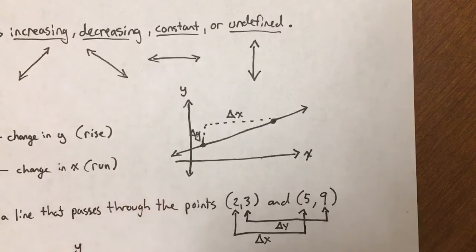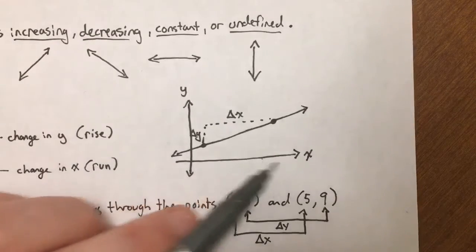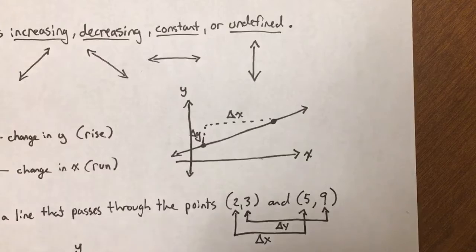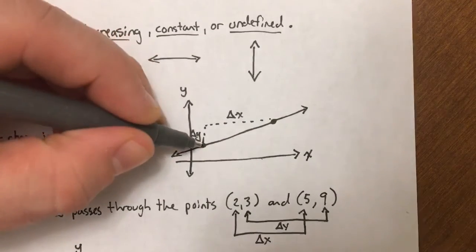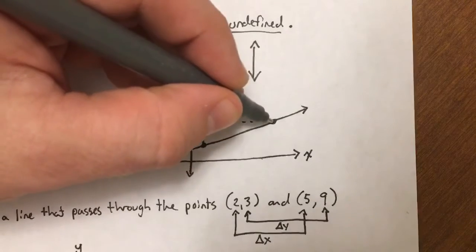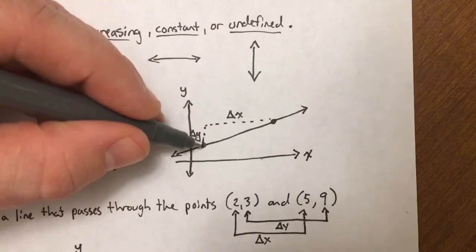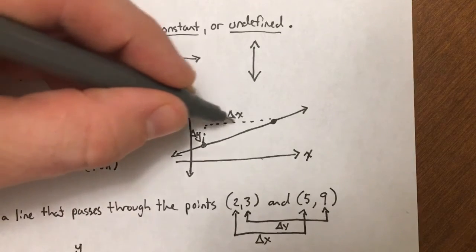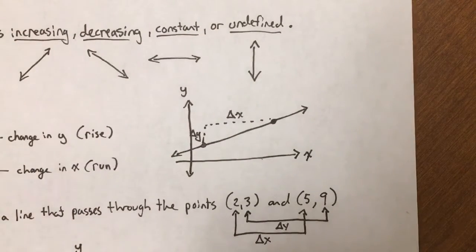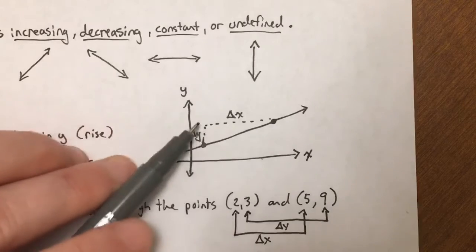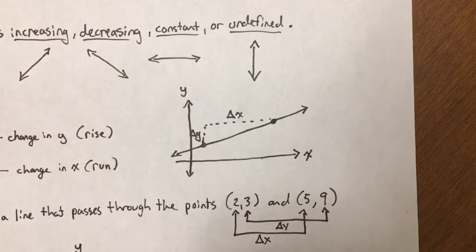Well, consider this example of a line I have right here on a basic xy coordinate plane, and then here are two different points on that line. So the distance from this point to this point right here, we can look at it as the ratio of the change in y to the change in x. And so that gives us our measure of our rate of change, or our slope, for this line.